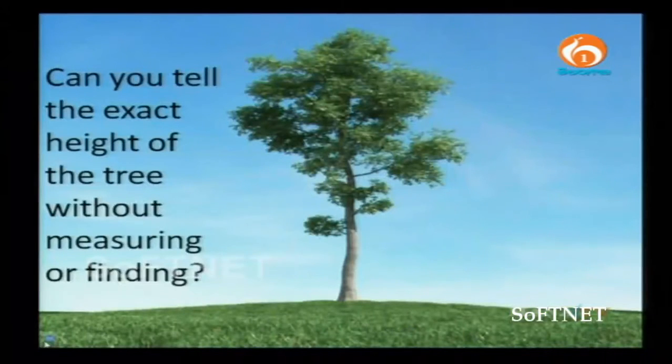In our day-to-day life, we come across different situations where we are not in a position to give the exact values without knowing them. For example, can you tell the exact height of the tree without measuring it?